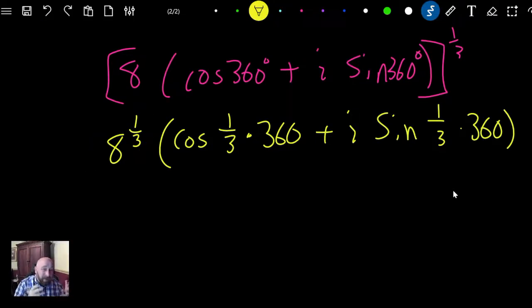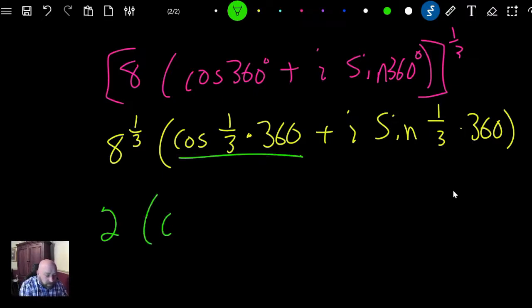See, we keep going back to the kind of like the principal root there of the cube of 8. So we're going to come back. This is going to give us a 2 again. Let me change the color there so you can see it. This new line. What does this give us? This gives us the cosine. What's 1/3 times 360? Well, you can just do that out. You can cancel it, right? So you're going to get a 120.